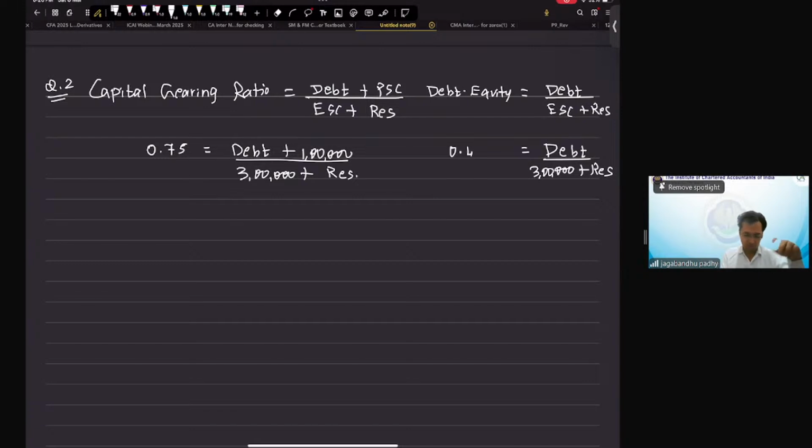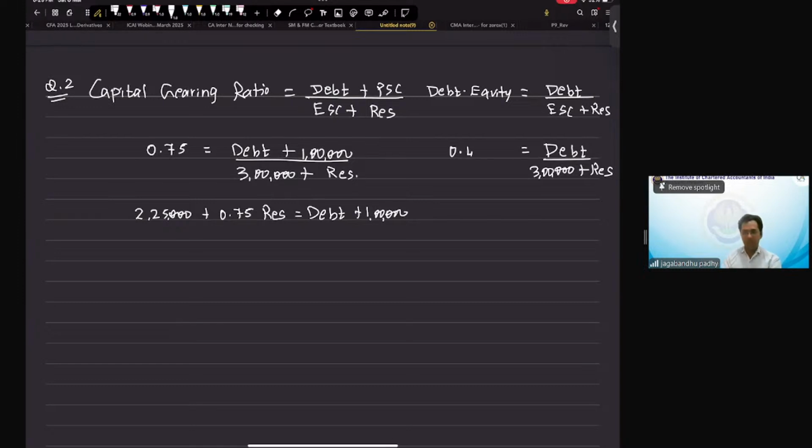So multiply 0.75 into 3 lakh. That will be 2,25,000, right? 0.75 into 3 lakh, which is 2,25,000, plus 0.75 reserves is equal to debt plus 1 lakh, right?